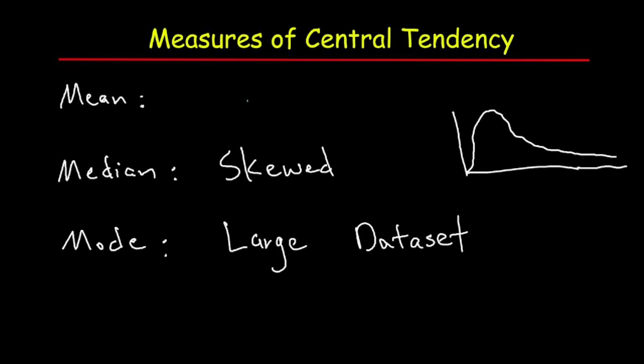In this case, using the mean would not really make sense. You don't want to use the mean when the data is skewed like this. The median would be better because it still finds the value in the middle, and it really just disregards all these values over here.